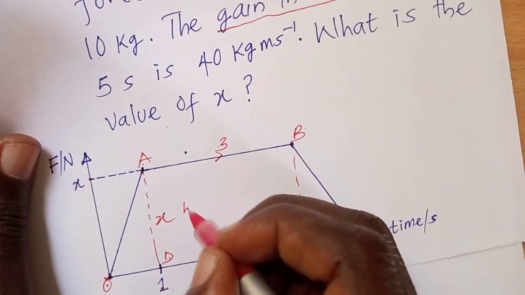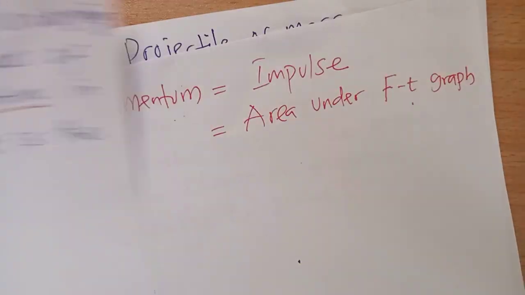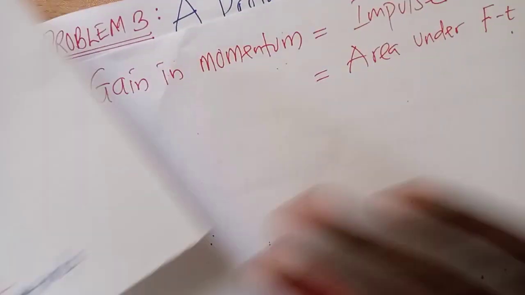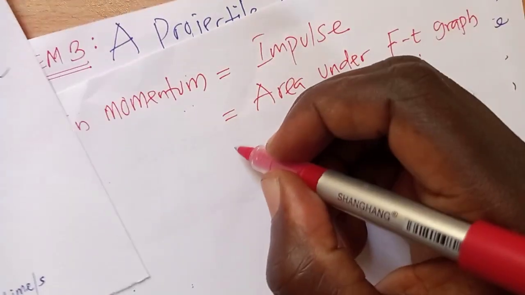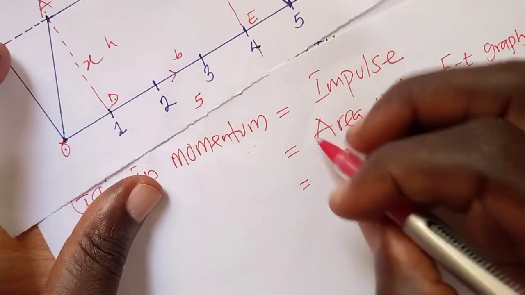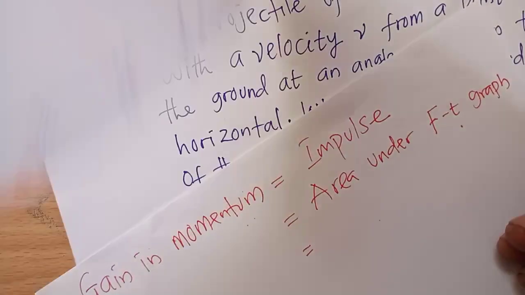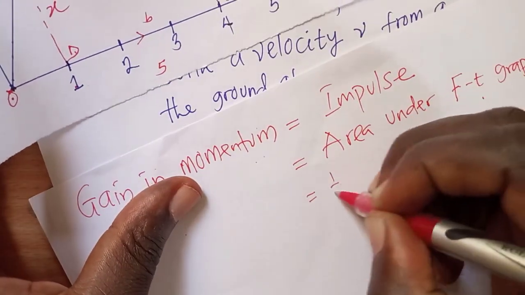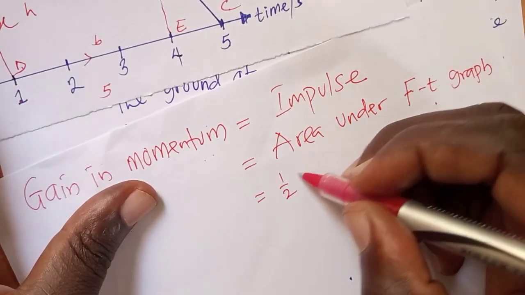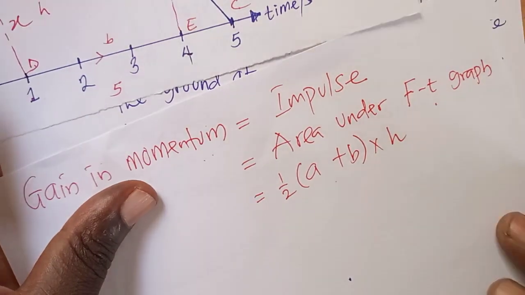This is my height, this is my A, this one is my B. Now I look at the shape here. It is a trapezium, so the area of a trapezium is half into A plus B multiplied by H.